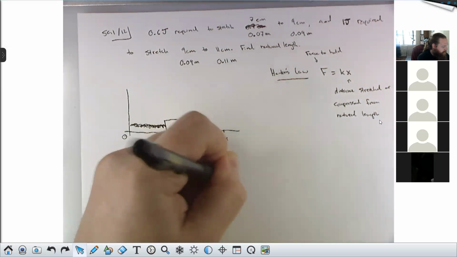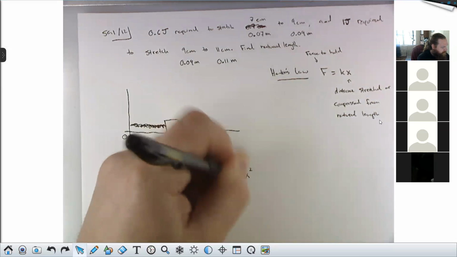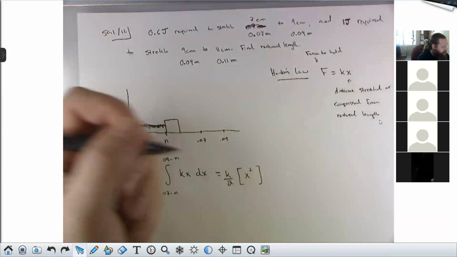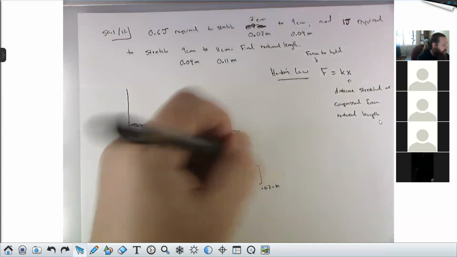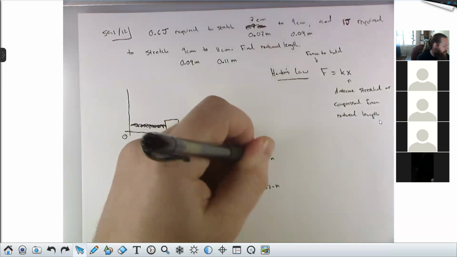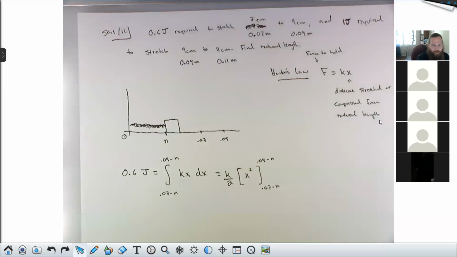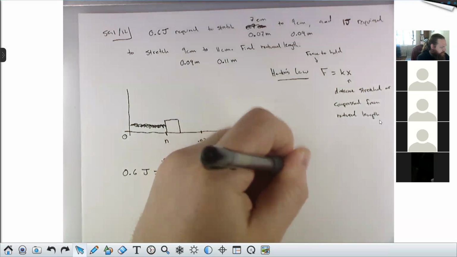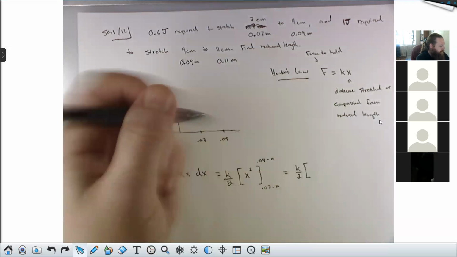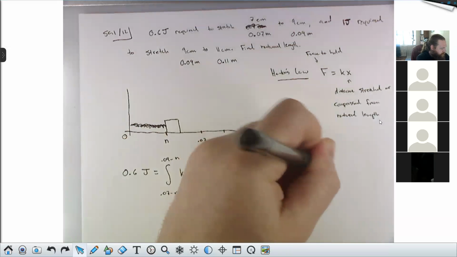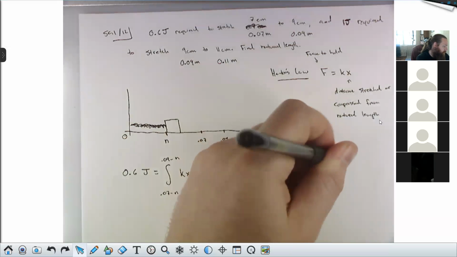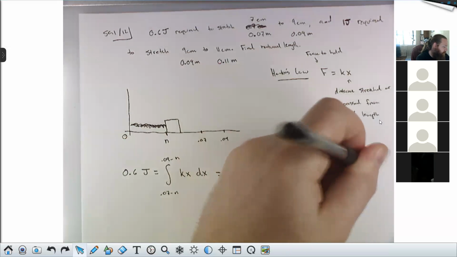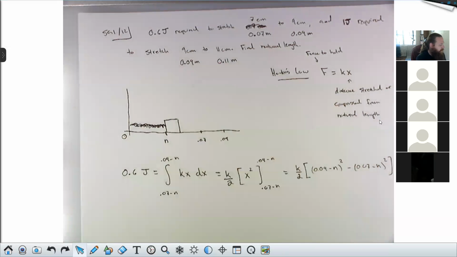You get 1/2 x squared that you then evaluate from 0.07 minus n to 0.09 minus n. And I'll be 100% honest with you guys, I didn't see this at first. Worked this with someone in office hours yesterday. It took me quite a while, but this works. You can evaluate this. This is k over 2 times (0.09 minus n) squared minus (0.07 minus n) squared. And you know all of this is equal to 0.6 joules.